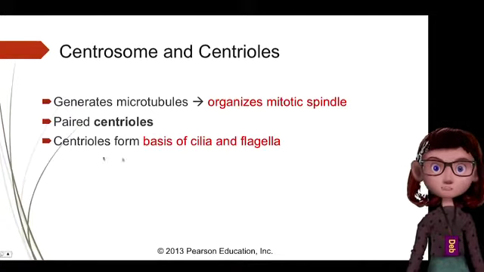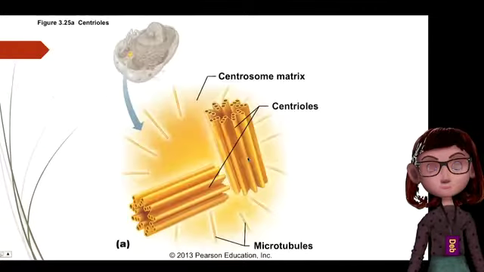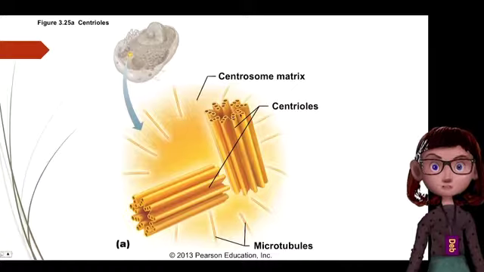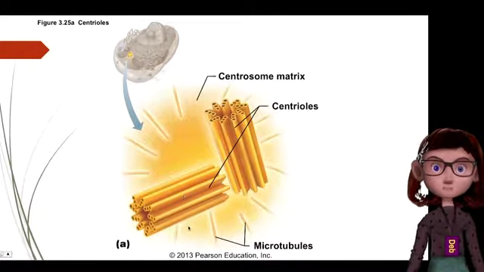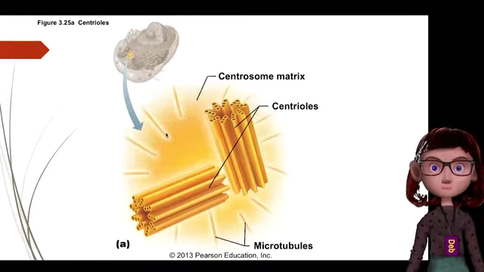And also there are centrioles that will form the basis of cilia and flagella, which are structures on the outer surface of certain cells. Here's showing you the centrioles with microtubules, and these are going to be involved with cell division. One goes to each pole of the cell, and that's where the spindle fibers will come out from to go attach to the duplicated chromosomes.